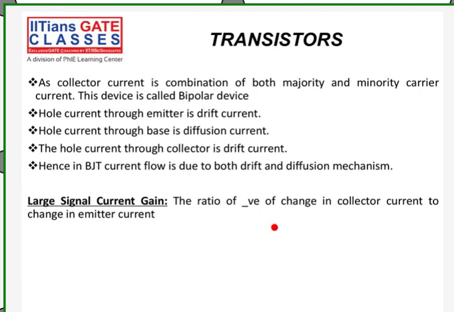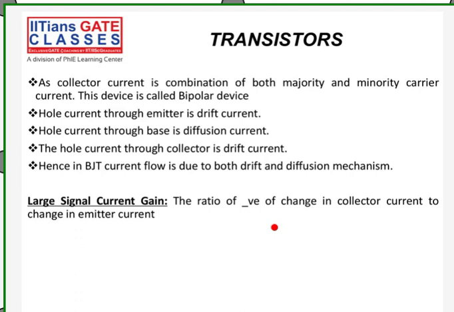Next, the whole current through the emitter is the drift current. Why is it drift current? Because in the emitter the holes are moving due to the external supplied voltage. So because of that external supplied voltage, the current in the emitter region is the drift current.